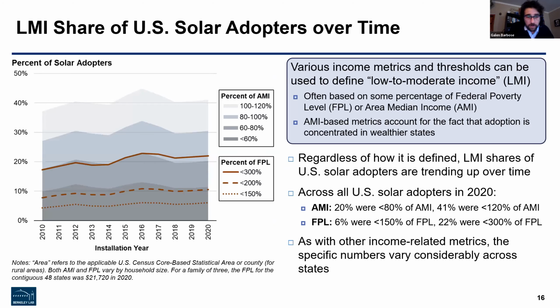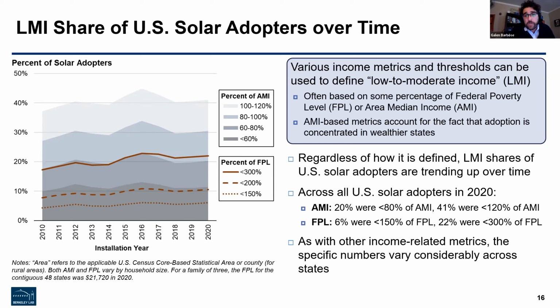So this last slide here, I don't want to say a whole lot on this. It doesn't actually show anything fundamentally different than what we've already talked about. But it does display these trends in terms that are relevant to some of the programs and policies out there that are focused specifically on low to moderate income, or LMI, households.